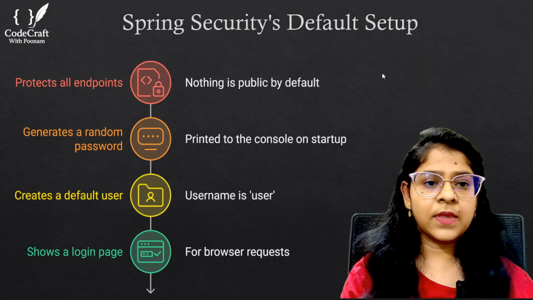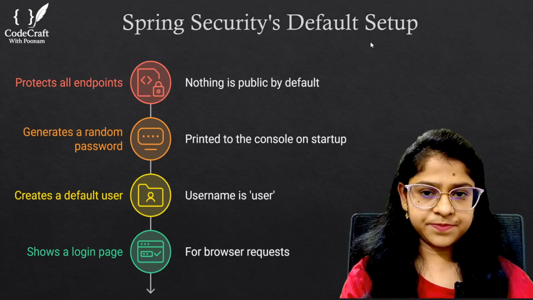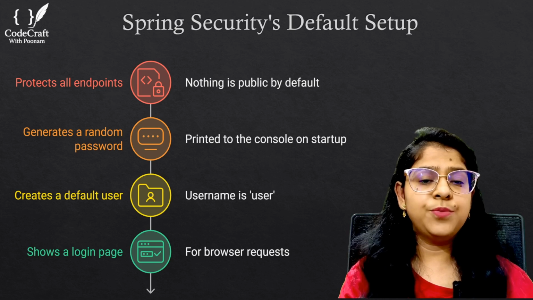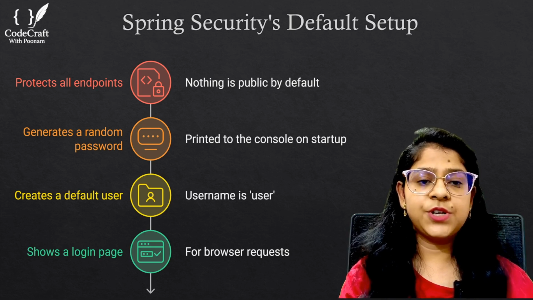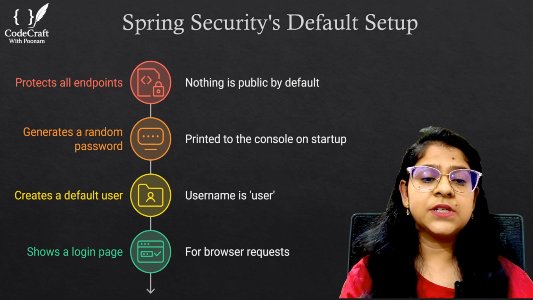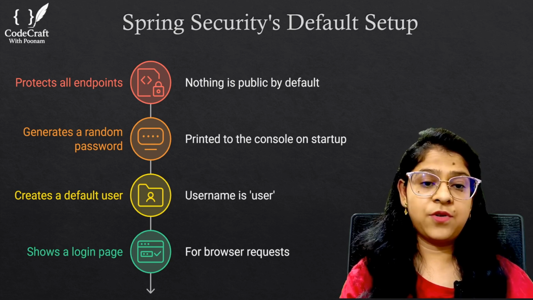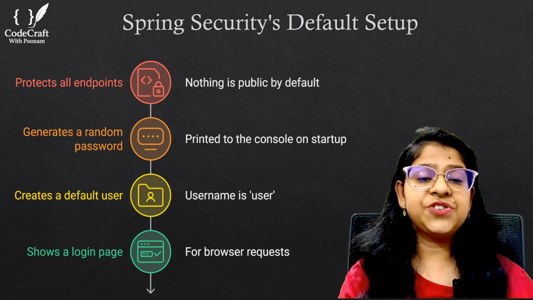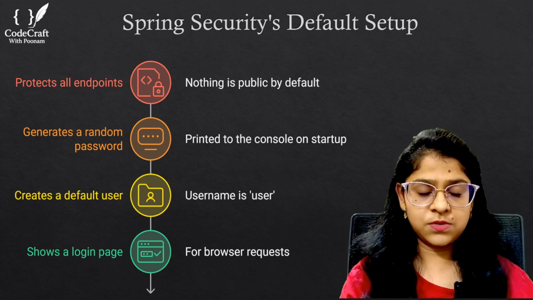Okay. Now coming to Spring Security's default setup. What do we mean by what Spring Security does by default? When you add Spring Security to your project, it immediately protects all endpoints. Nothing is public by default. It generates a random password on startup and prints it to the console.